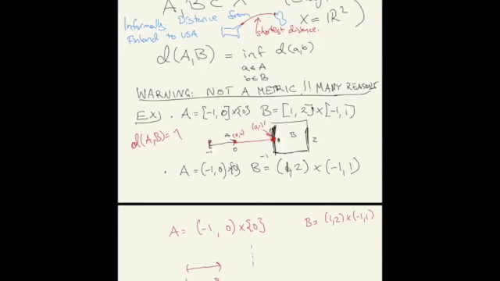And then you have this rectangle from before. But now you're not including the endpoints, so those are holes in the set. Well, the distance is still 1, but it's not attained by some a in A or b in B, because the points that would attain it are outside of the set.